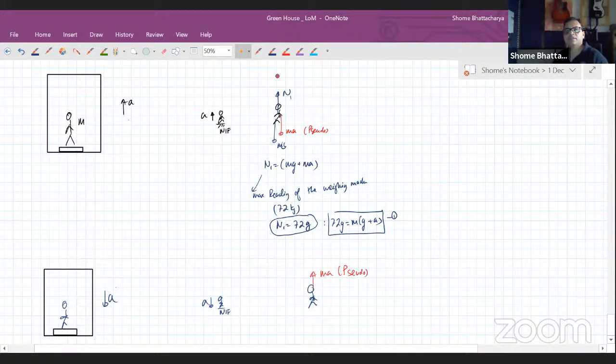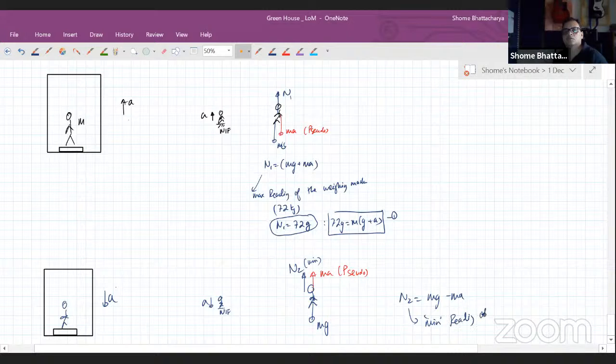So this time the normal reaction that the weighing scale reads, N2, will be the minimum normal reaction, or this will give you the minimum reading. So N2 here will become mg minus ma, and this will correspond to the minimum reading of the weighing machine, which is whatever, 60 kgs. So 60 g is the value of N2, which is m into (g minus a).